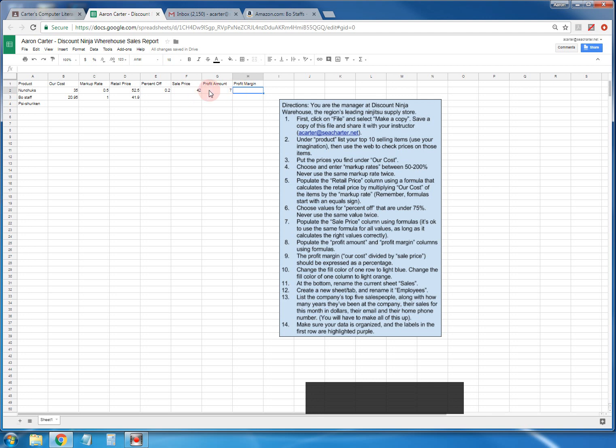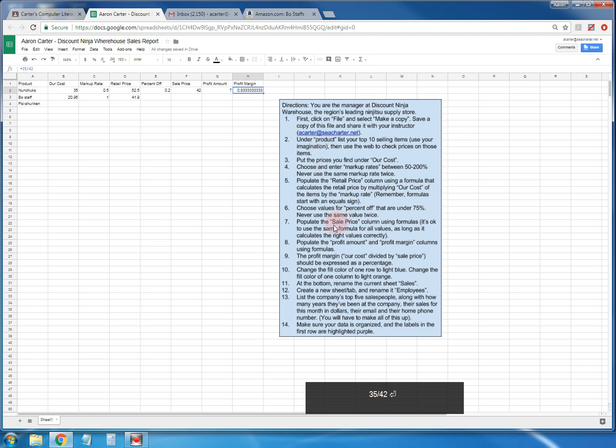Now you know we've been using cell addresses, but you don't have to use cell addresses. You could just type in equals, let's see, the profit margin, our cost divided by sale price, 35 divided by, remember to use this forward slash when you want to do division, 35 divided by 42. And it already tries to help you out by telling you how much that's going to be. Hit enter and there you go. That's the profit margin.